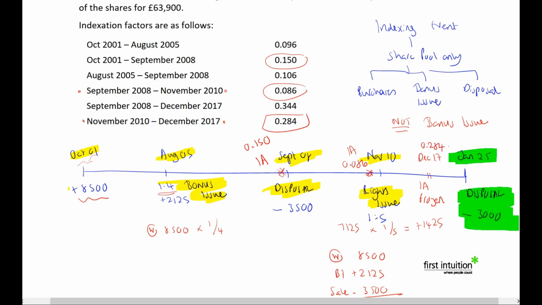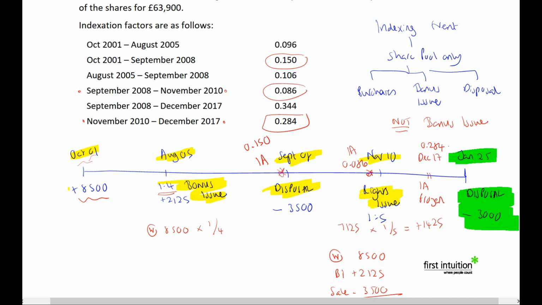There we go. And my feeling is, if you draw a timeline, something like this, with as much or as little detail as you need, you have done 90% of the thinking in this question. Because when you get into the middle of the share pool pro forma, it can be difficult to remember when to index. What am I doing now? What comes next? Do I index now or not?